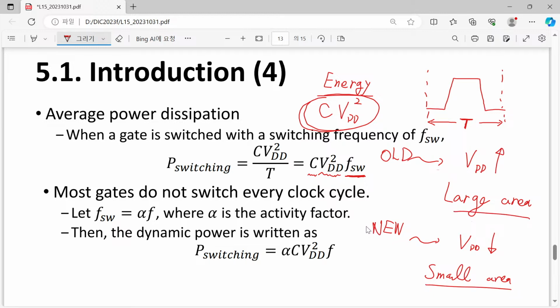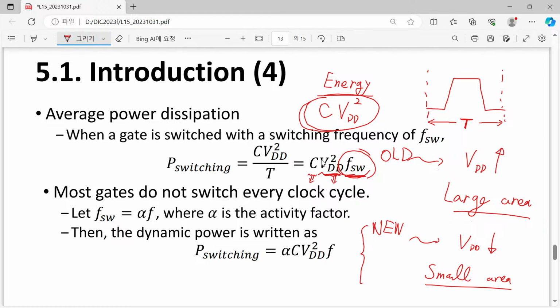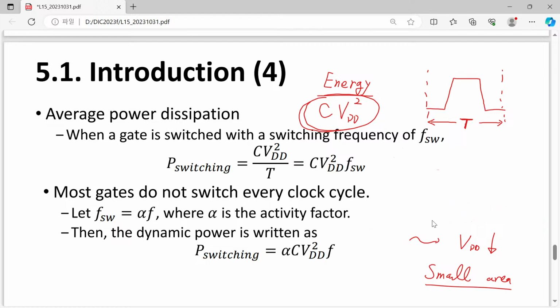Please think about the benefit of this new technology. If we just keep this operational frequency, then we can benefit from the reduction of operational voltage and also the reduction of capacitance for a given functionality of a logic gate. So that's the reason why we want to have new generations of technology. I just briefly introduced this, but if you are interested, please let me know.